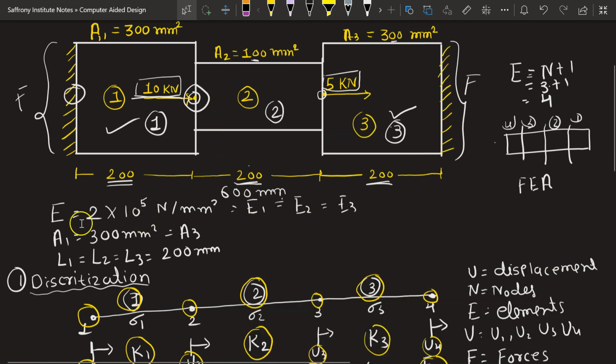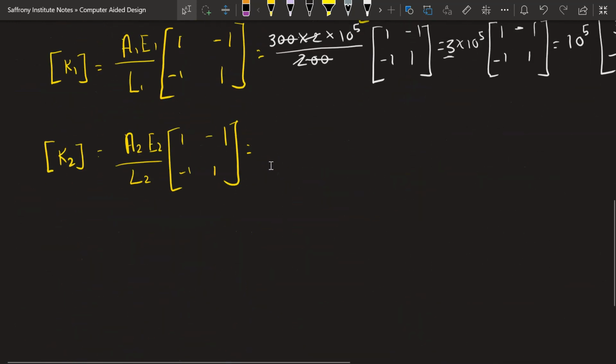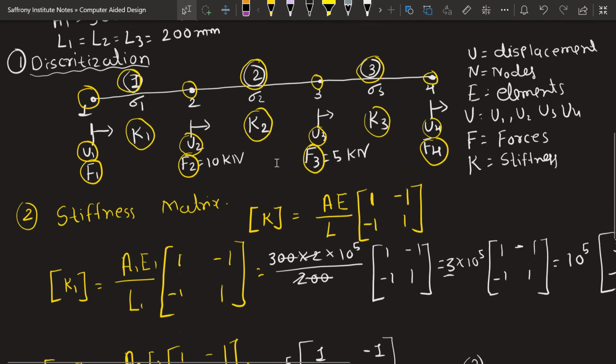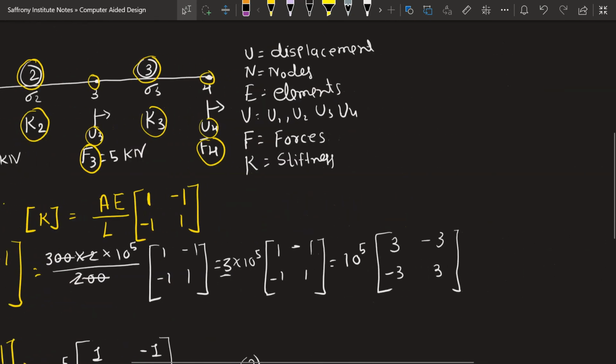A2 E2 is the same and L2 will be 200. So by putting those values, finally we get 10 raised to 5 times the matrix 1 minus 1, minus 1 and 1. Okay, so this will be our equation number 2. Let us also give the first one as equation number 1.